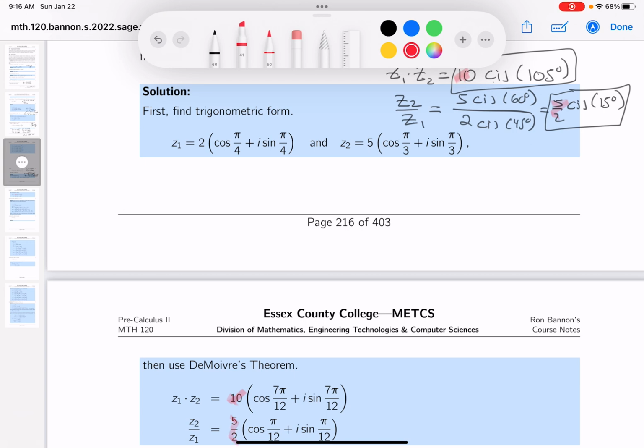All right, so 105. Whoops. I did it again. 105 degrees times pi over 180 degrees. They're claiming that's 7 pi over 12.